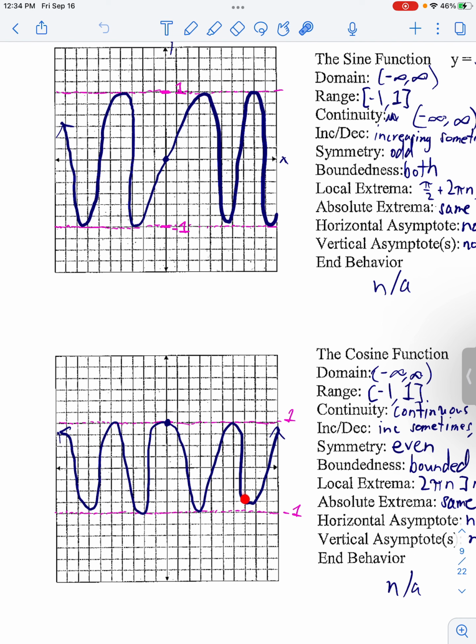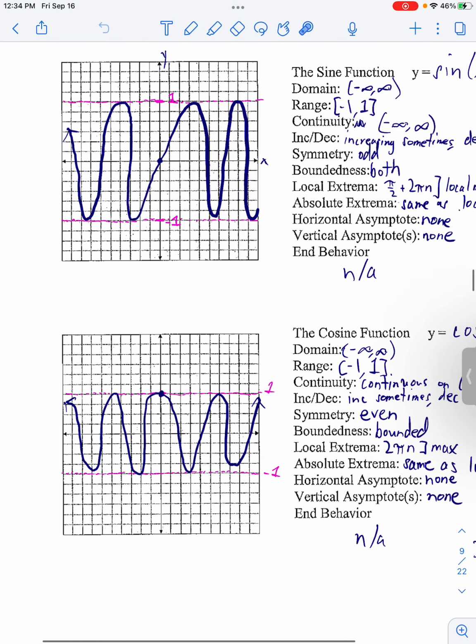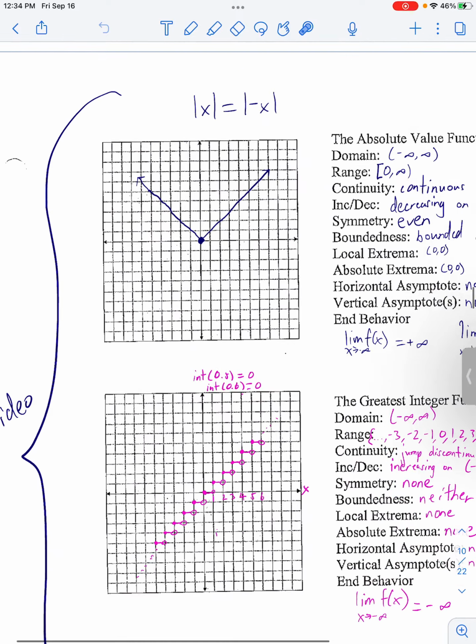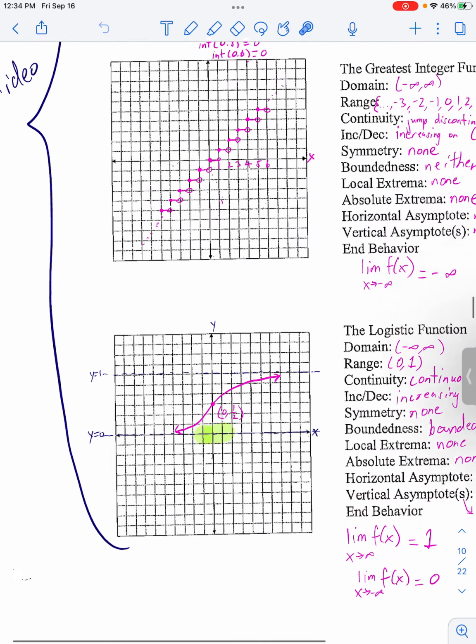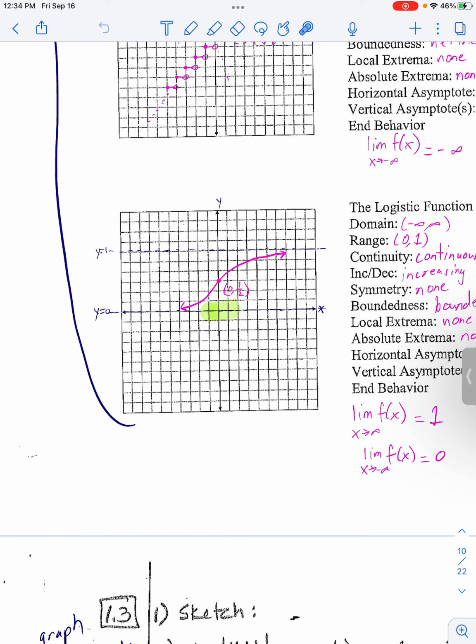So they do not go to positive infinity as x goes to the right forever. They just keep oscillating between -1 and 1 forever as I go to the right. So these also do not go to positive infinity as we go to the right forever, okay? And then same for logistic. Well, logistic approaches 1 as x goes to the right forever.